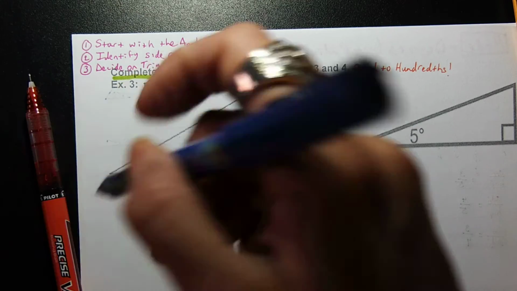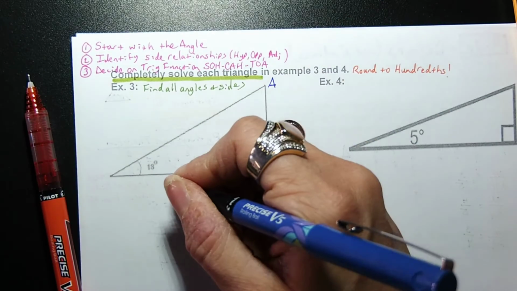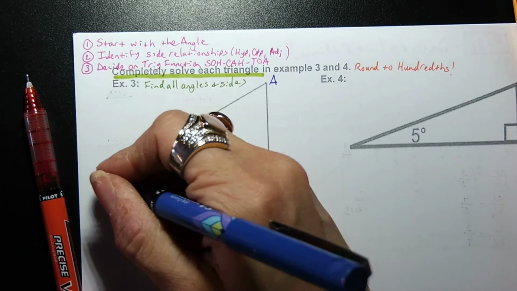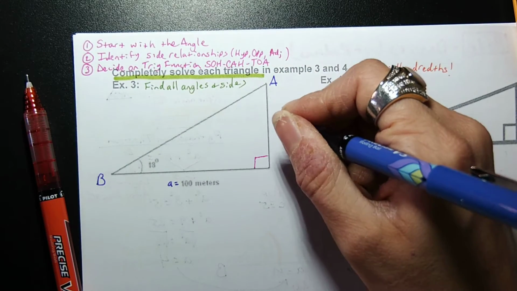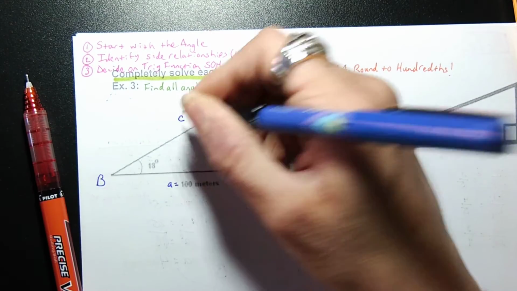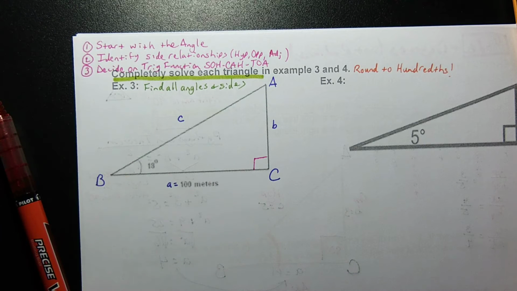And we're going to go ahead and label this as angle A, the side across from it as side A. This will be angle B. This will be side B, angle C, and side C. And again, you could just as easily have said that this was angle A and that was angle B, but just for us having the same variable labels, let's go ahead and label our diagram this way.